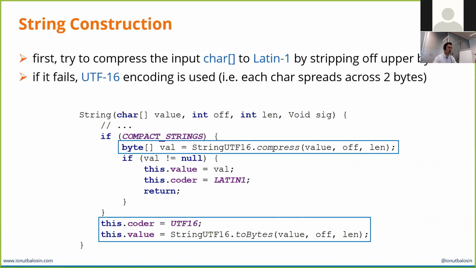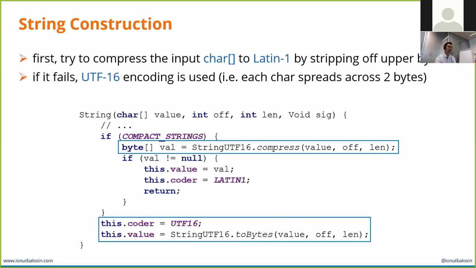Now, a few things about how it works when you construct a string. What happens? First, by default, if you are using the compact strings scheme, which I said is enabled by default, the string implicitly tries to compress to Latin-1.